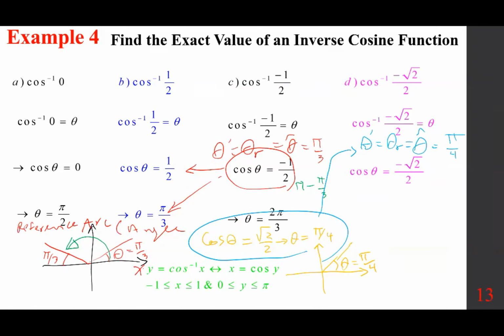Since we want it to be negative, and we are looking for this restriction, it puts us in the second quadrant. And this angle must be pi over 4, the closest angle the terminal side makes with the x-axis, either on the positive side or the negative side. That is the definition of the reference arc.